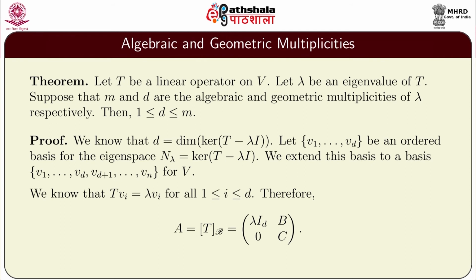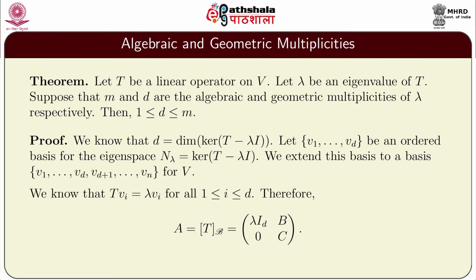Therefore, if we look at the matrix representation of the operator T with respect to this basis B, then in block form it looks like the following, that is, top left corner you see lambda I_d, and then B and C are two matrices of suitable sizes, and 0 is the 0 matrix.